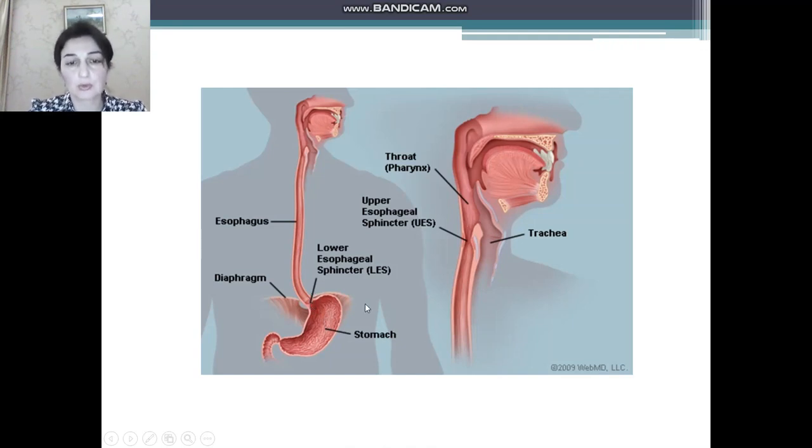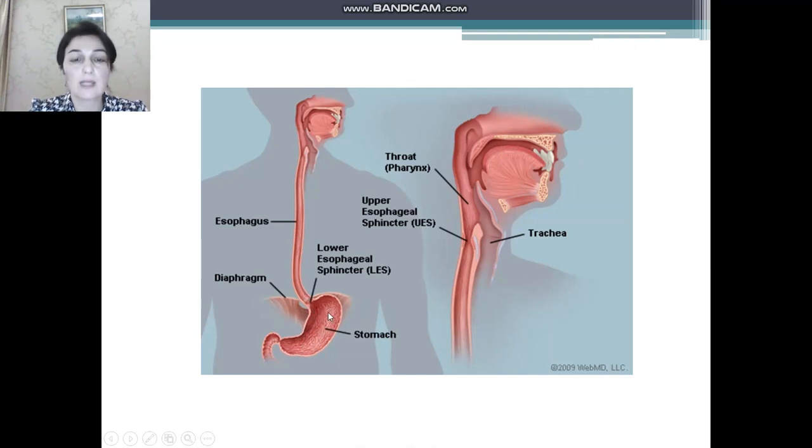Also, malfunctions or problems with the sphincters, especially the lower esophageal sphincter, may lead to the content of the stomach returning into the esophagus.